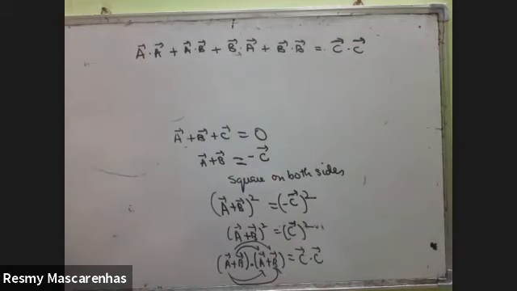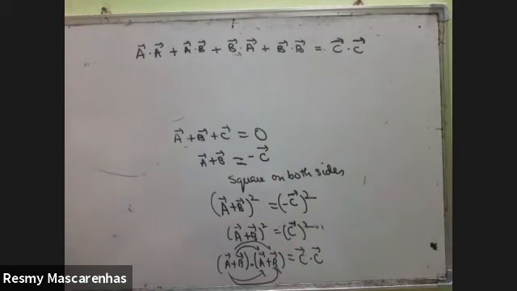Now a bar dot b bar, whenever they are different, then angle will come up. So what is the formula for a bar dot b bar? AB cos theta. We don't know what is the angle, so we'll just keep it as theta. Now again this is the same letter, so this will become b bar square. Whenever you have the same letter, always write like this.